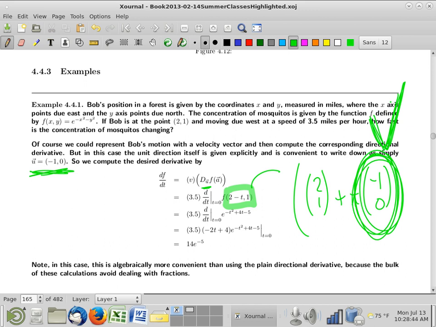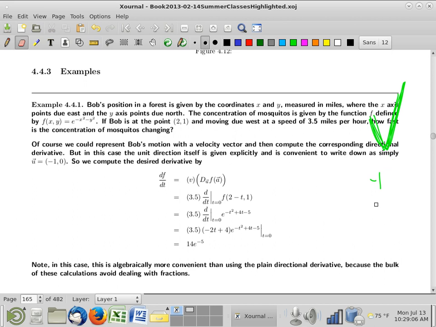By the way, it could be worse. What if instead of 3.5, it was 3.48219? Then you'd be carrying 41829 or something all the way through your calculation. The easier thing to do is realize that as far as the directional derivative computation goes, it's really the direction that is the most important part.